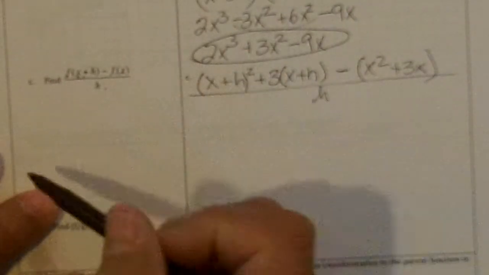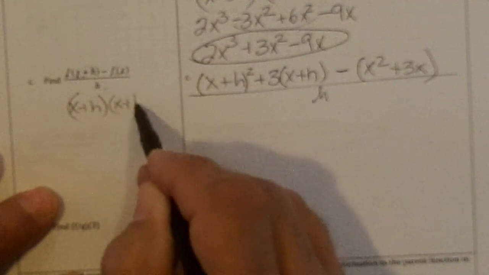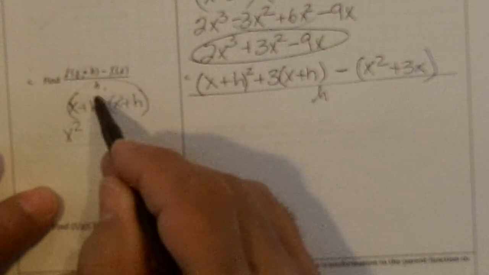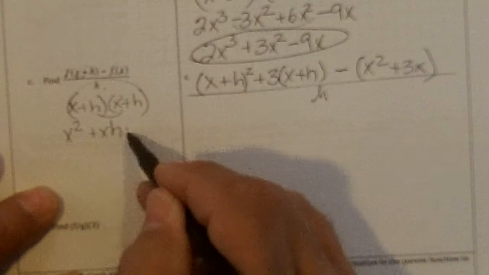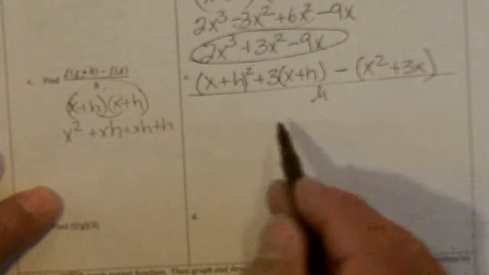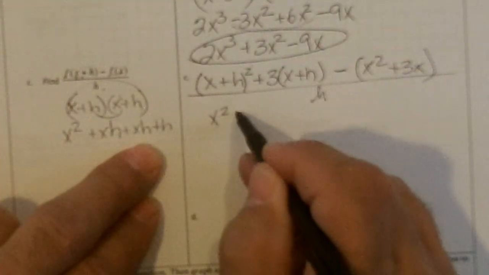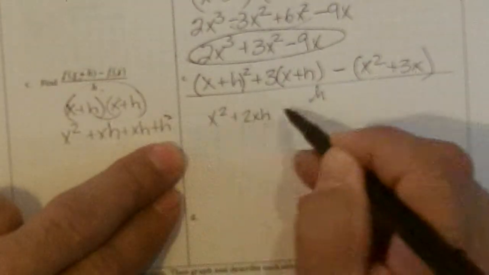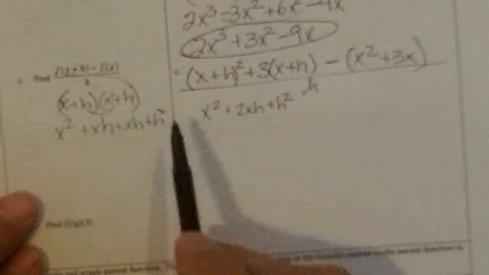So x plus h squared, x plus h times x plus h is x squared plus xh plus xh plus h squared. So that's x squared plus 2xh's plus h squared.